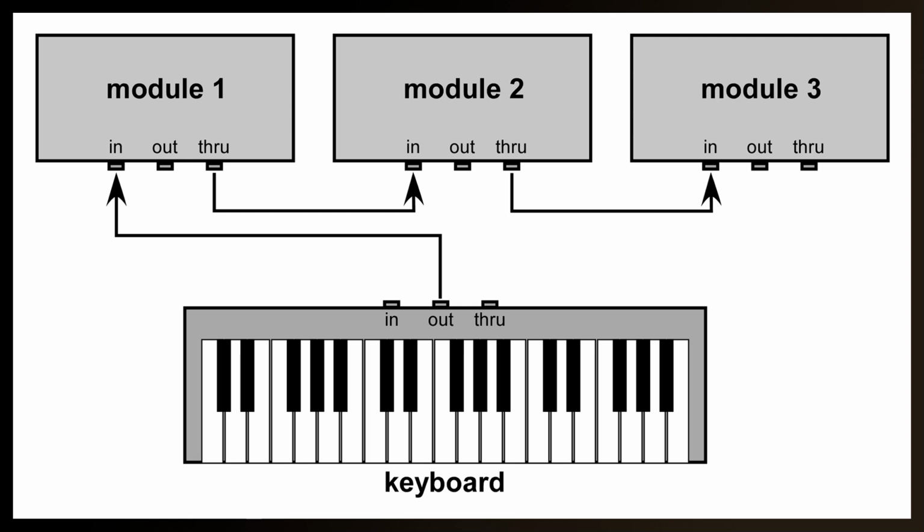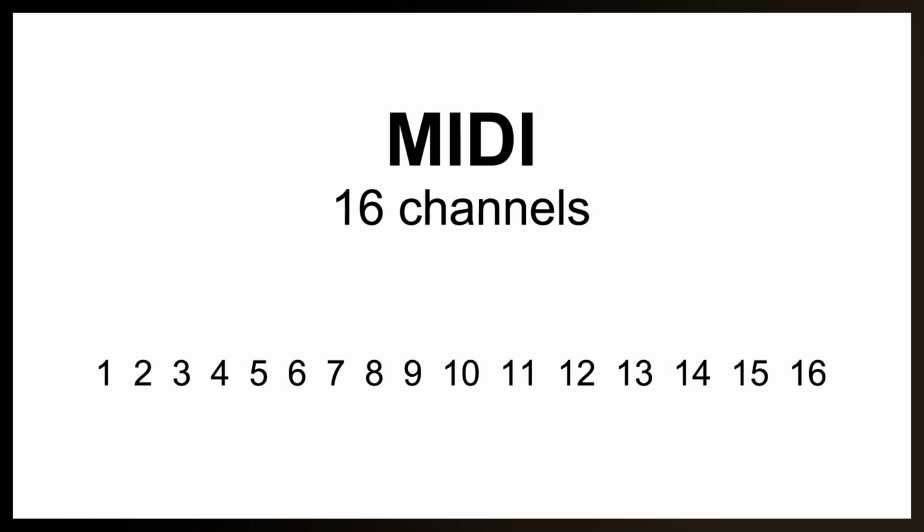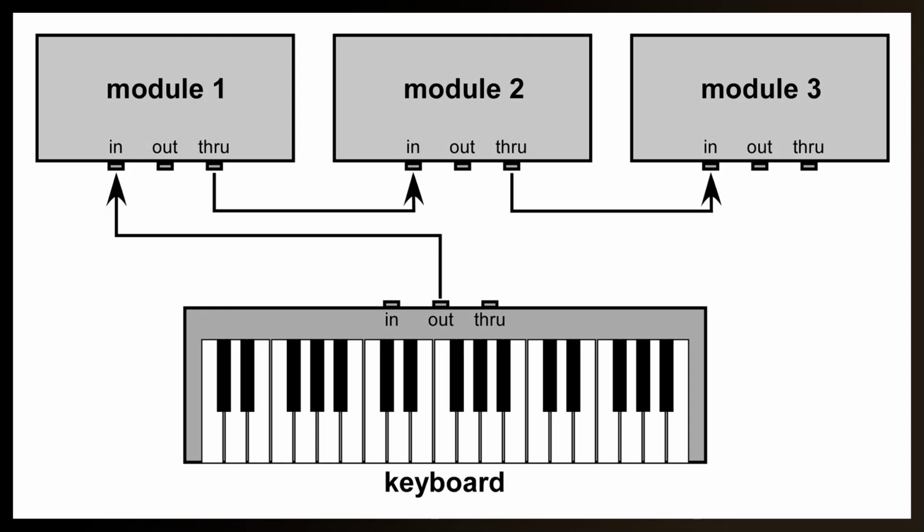And this is where channels come into it. Standard MIDI has got 16 channels. So you can set up each device to only respond to signals on a particular channel. So in this example, I could set up module 1 on channel 1, module 2 on channel 2, and module 3 on channel 3.